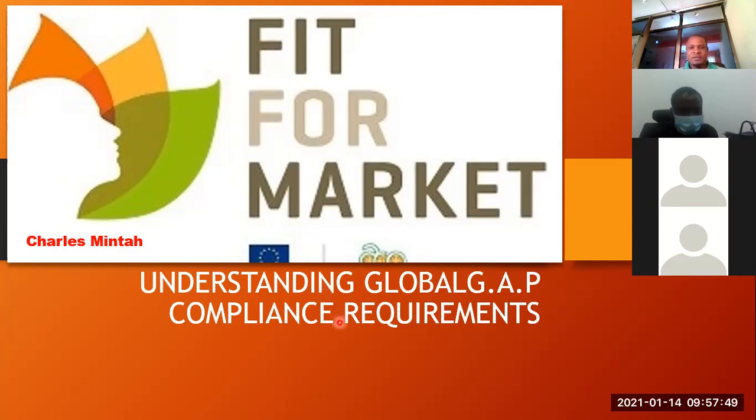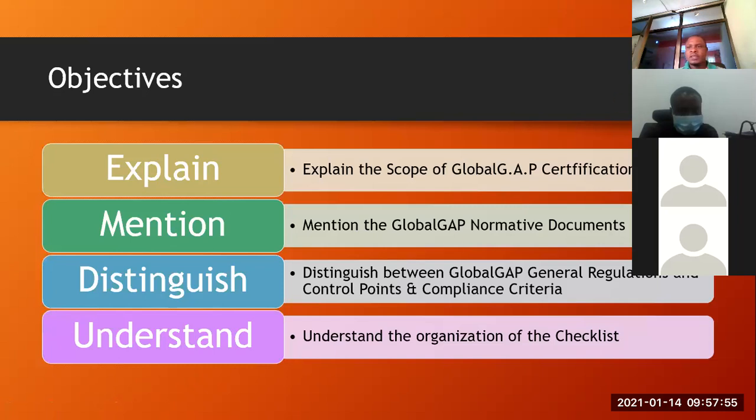Our objectives for the day. By the time we finish with today's session, you should be able to explain the scope of GlobalGAP certification. Every certification has its scope, what the certification covers and what it does not cover.